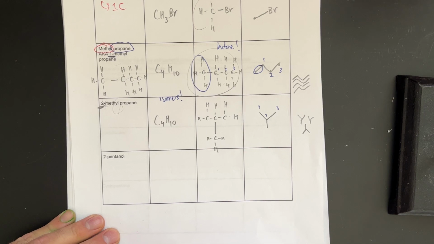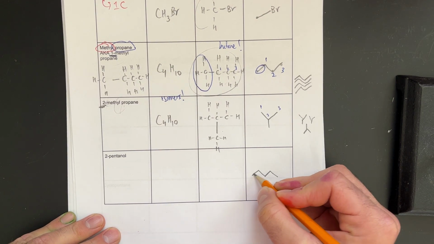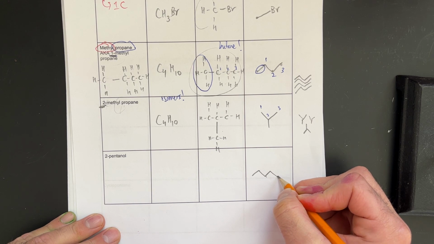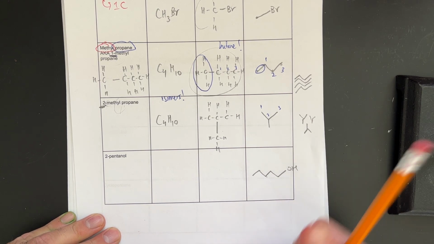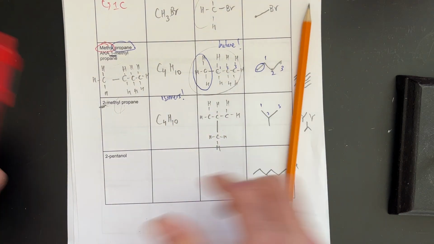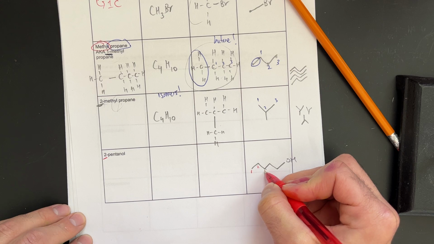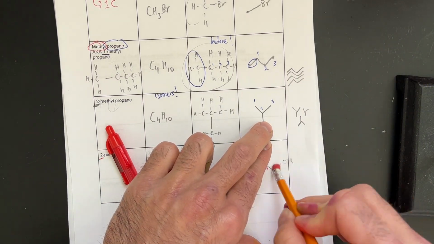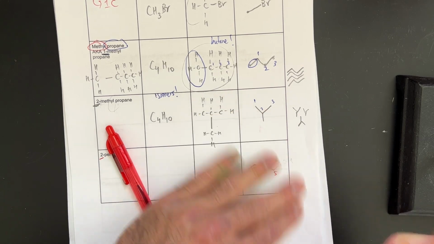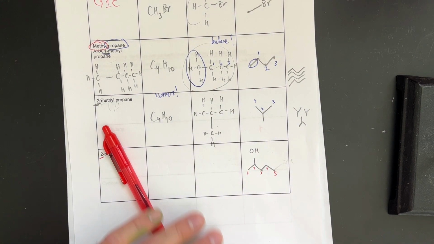All right, let's finish up with 2-pentanol. The way this is going to look is 1, 2, 3, 4, 5, and then we are going to put on the OH. Now, I actually messed up, because this is a 2-pentanol. So actually, we need to think of it like, okay, 1, 2, 3, 4, 5, and we're going to put on the OH group onto the second carbon.